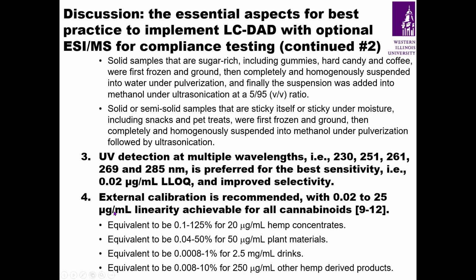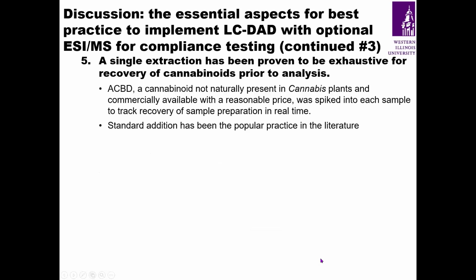This calibration range can be converted for different kinds of samples with percentage values: 0.1 to 125% for 20 microgram per milliliter hemp concentrate, 0.04 to 50% for 50 microgram per milliliter plant materials, 0.0008 to 1% for 2.5 milligram per milliliter for drinks, and 0.08 to 10% for 250 microgram per milliliter other hemp-derived products.